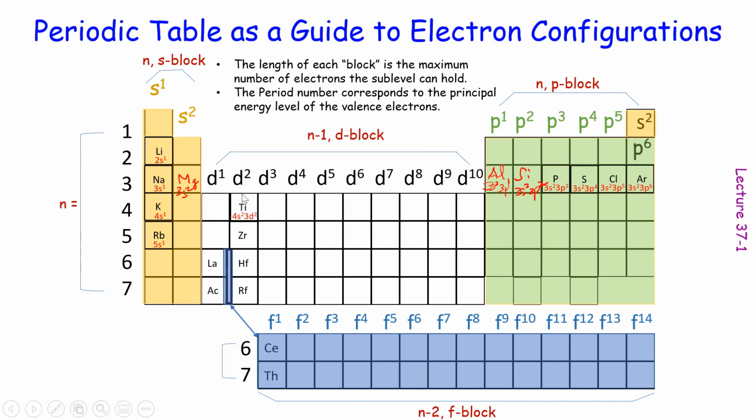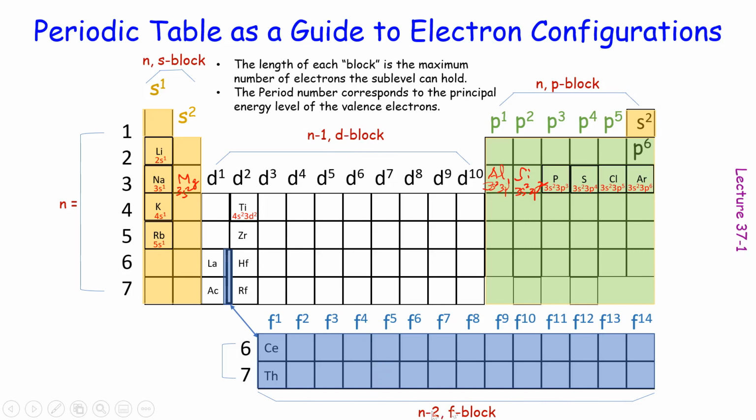And then there are 2 D electrons. That's why it should be D2, but it's not 4d2. This is 4 minus 1, 3d2. That's how you use n minus 1 for the D block.